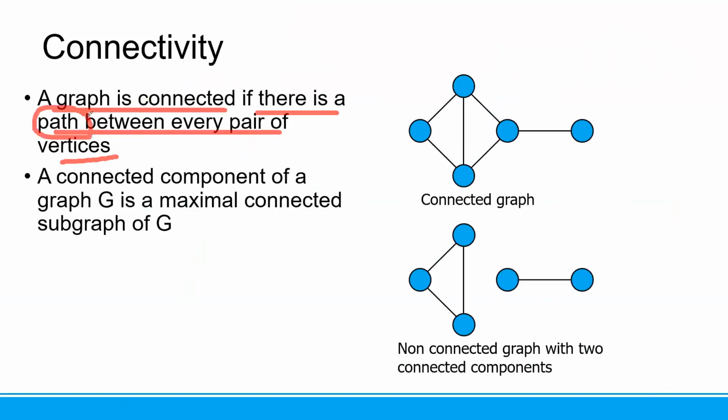Okay, we have the simple path and we have the path that is not simple. It means if I want to go from this node to this node, then there should be available paths. If I want to go from this node to this node, then there should be a path. Okay. If every node has a path, then it is a connected graph.